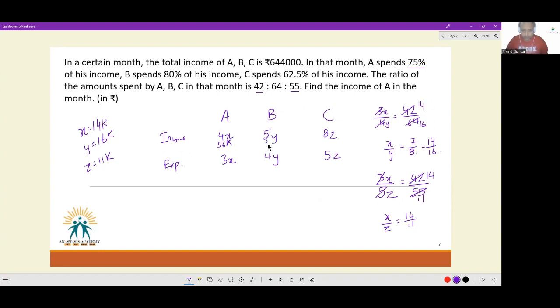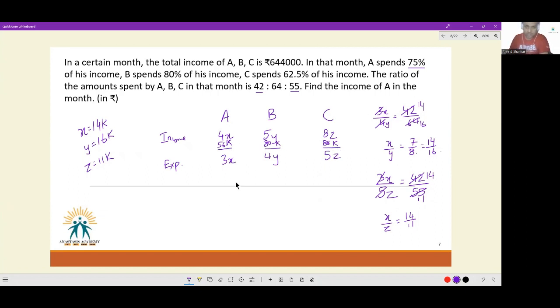For B, it will turn to 80k. And for C, it will turn to 88k. These are the ratio of their incomes: 56k, 80k, and 88k.